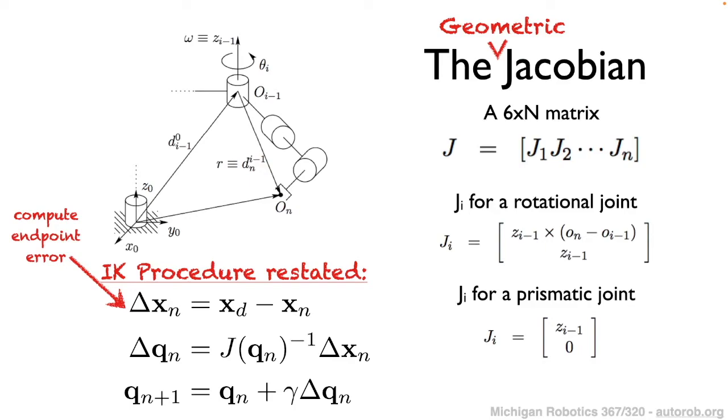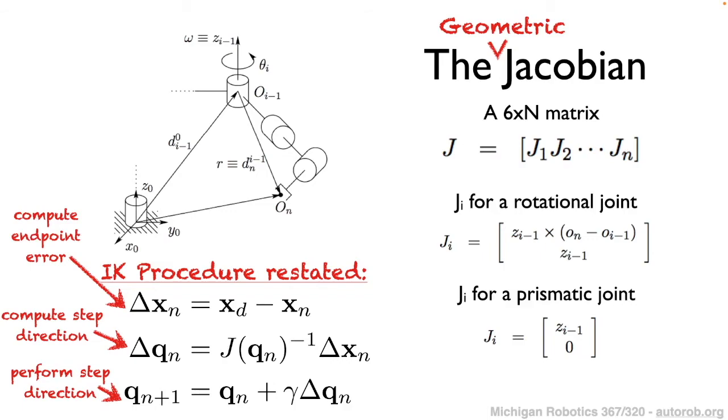We can then, using the inverse of our Jacobian, calculate a direction in configuration space that we want our robot to take, this delta Q, to be equal to the inverse of the Jacobian multiplied by this displacement in the end effector pose. Based on that delta in the configuration space, we then know how to update our current configuration by taking a step in the direction of this delta Q sub n.